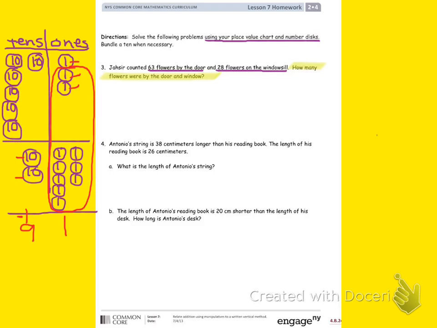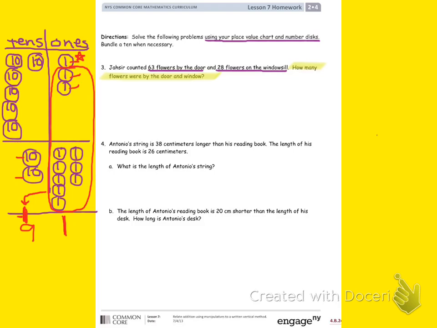But since I'm going to be transferring to the vertical written method, all I did was indicate that this is the one that I bundled up and moved to the tens column. This lonely one right here remains listed right here. Then I just counted up how many bundles of 10 I had, and I remembered to add the one right here that I bundled and had moved from the ones column. So I ended up with the answer of 91.